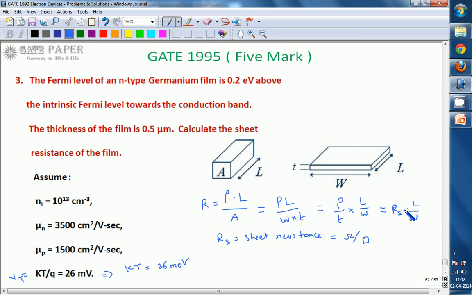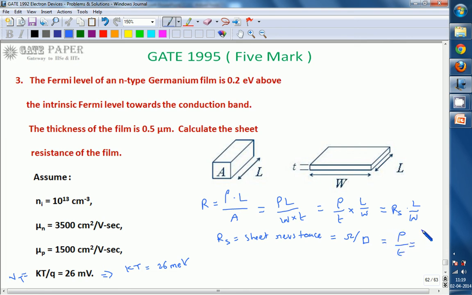So in the equation R is equal to Rs into L by W, L is equal to W for a square, so both cancel. The resistance of a square is the same as the sheet resistance, whatever the dimensions of L and W. The units are ohms per square, and the equation is Rs equals rho by T, where rho is resistivity and T is thickness.